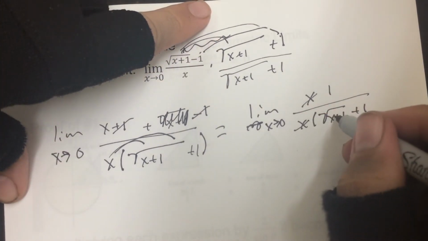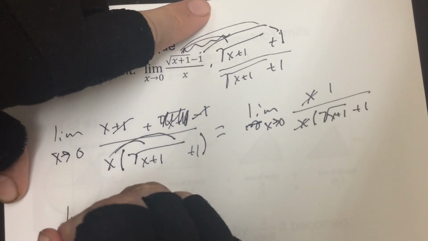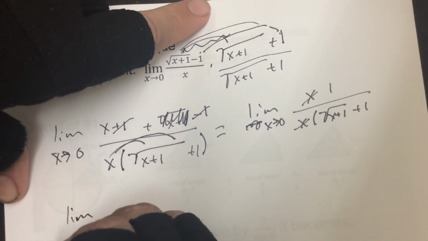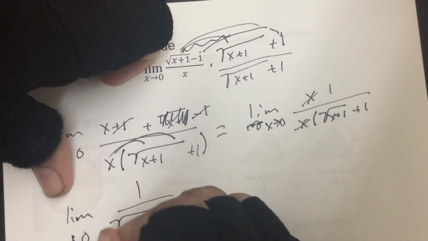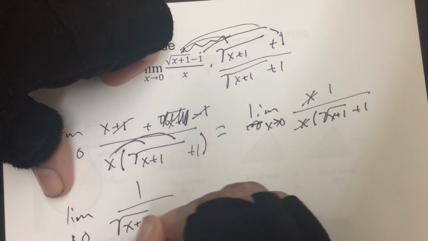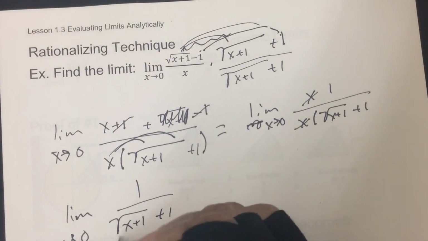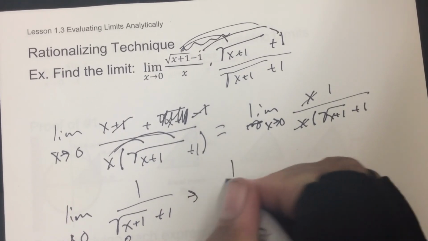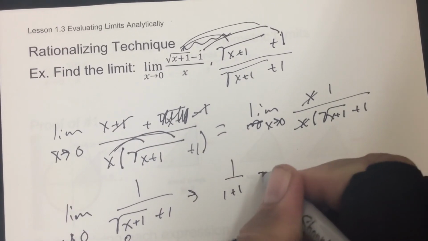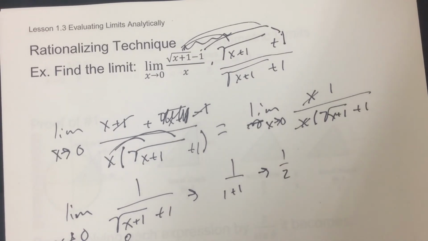So when we put a 0 in now, the limit as x approaches 0 of 1 over the square root of x plus 1 plus 1. When we put 0 in there, 0 plus 1 would be 1. The square root of 1 is 1. So we're getting 1 over 1 plus 1, which ends up being 1 over 2. And that's it.